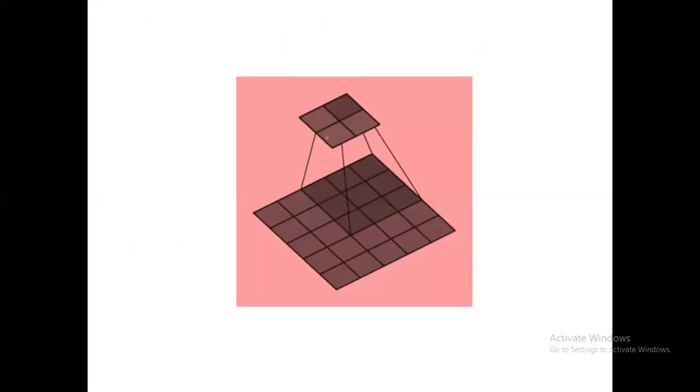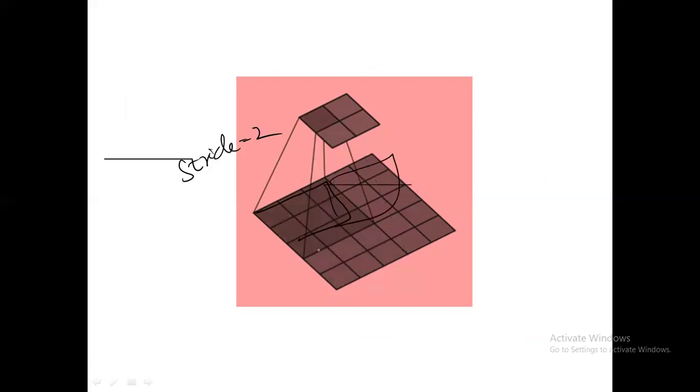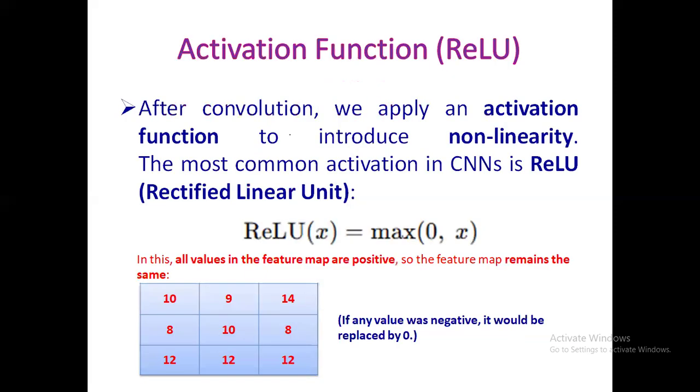I'll be showing you one animation. This is stride 2. See here, 2 steps it will be moving. So we are going to get 4 cross 4 in this. Hope everyone understood.